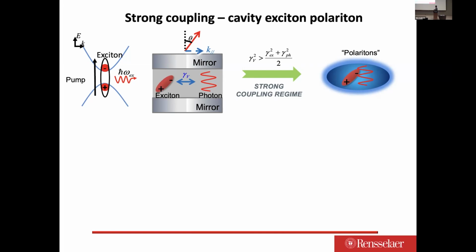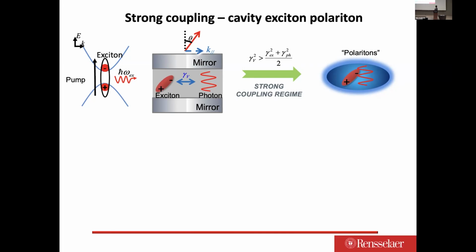Only after a couple of these couplings can they finally leak out of the cavity. In other words, if the coupling rate is much larger than the non-radiative decay rate of the exciton, where the exciton gives a phonon instead of a photon, and the photon leaking directly out of the cavity without coupling, then what you detect outside of the cavity is always the hybridized state.